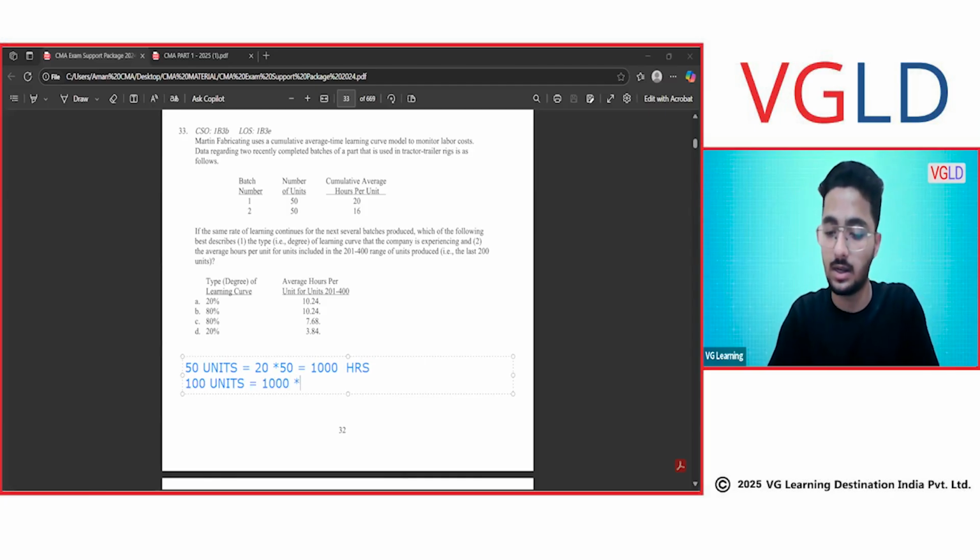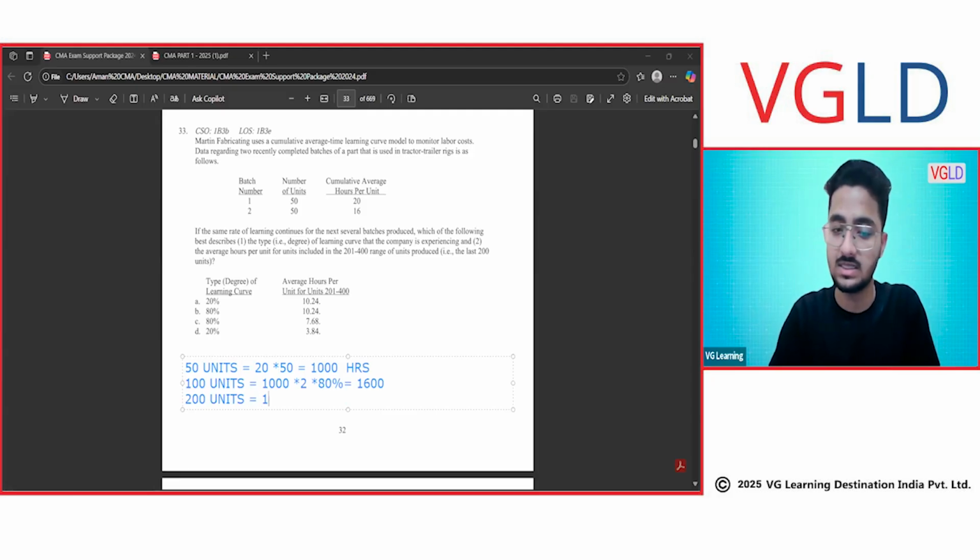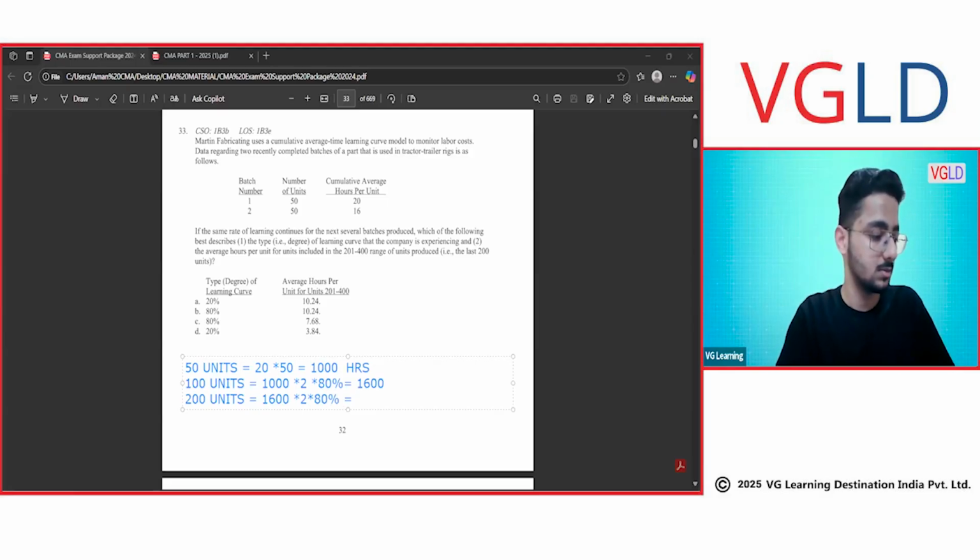So in the next 100 units, how many hours am I taking? 1000 into double it into 80%, that is 1600. Then for 200 units, 1600 into double it into 80%, 2560.